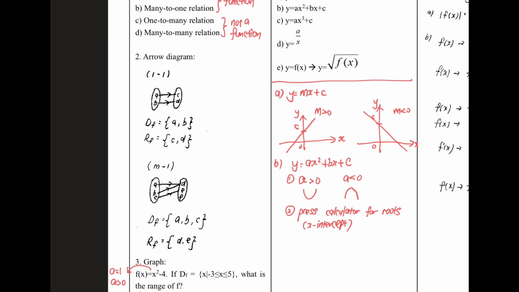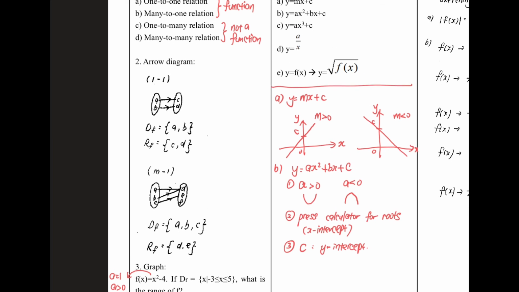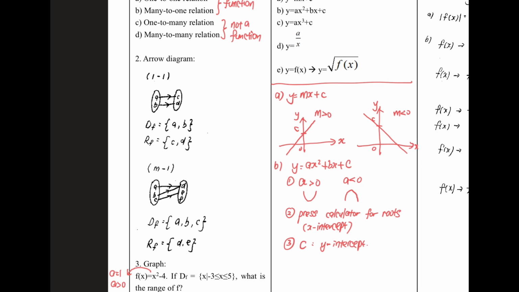And the next thing, we have to look at the c. The c in the quadratic equation is the y-intercept. Okay, so these are all about quadratic equations, and we already have one example just now, and let's move on.